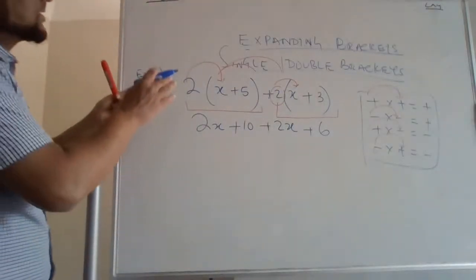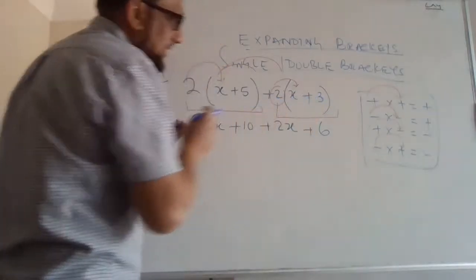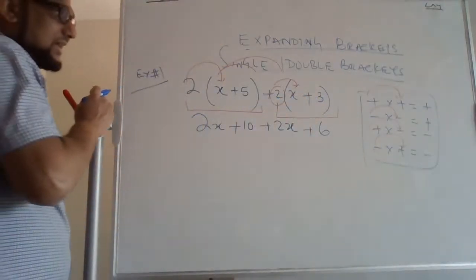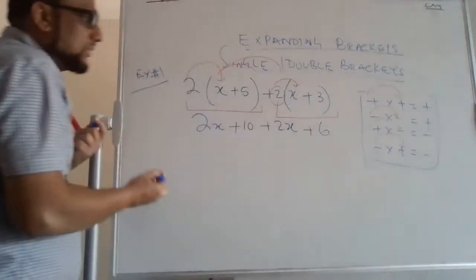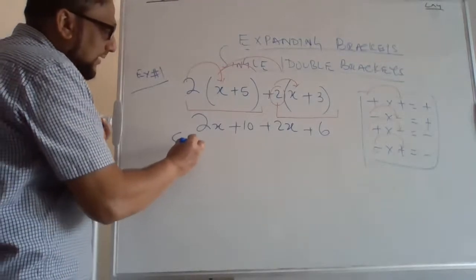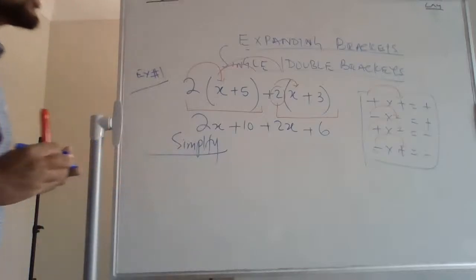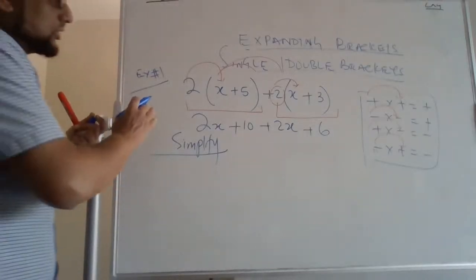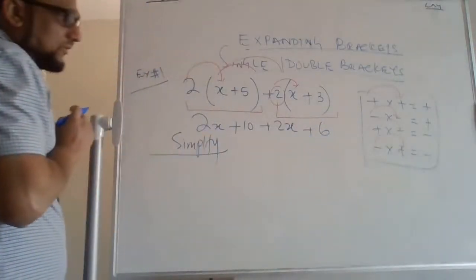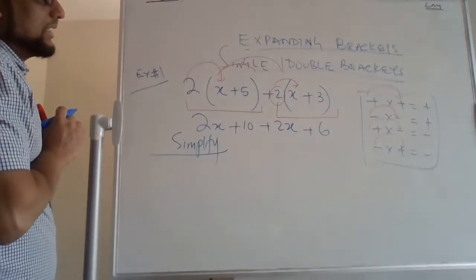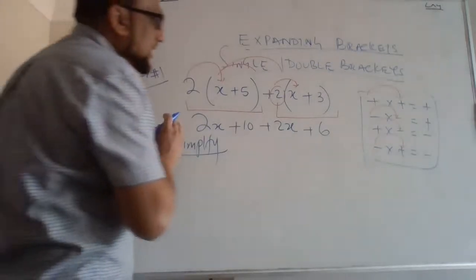Now whenever you get two brackets, you don't just expand the brackets, you also simplify. Simplify means you need to solve this. So how can we solve this?